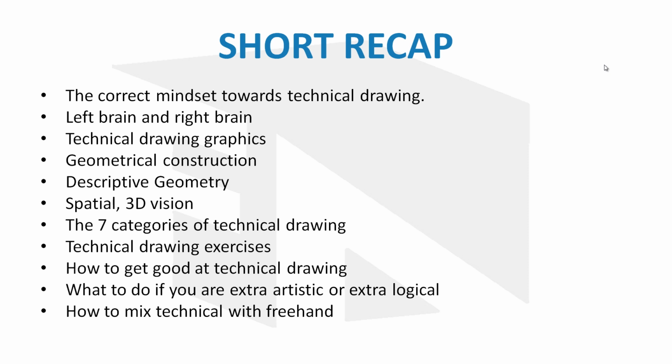We talked about a couple of technical drawing exercises. I did the cube on a spatial diagonal. Now we know how to get good at technical drawing and what to do if you're an extra artistic or logical type, and then how you can mix technical with freehand. Because mixing technical with freehand is going to get you a creative edge.